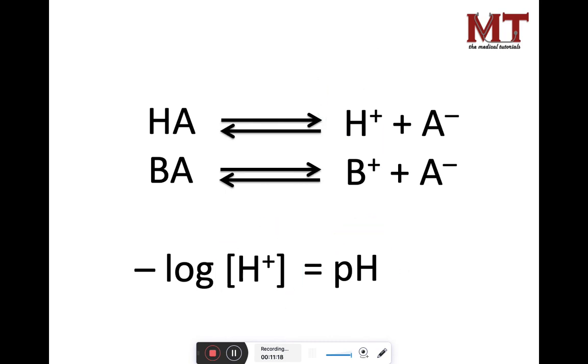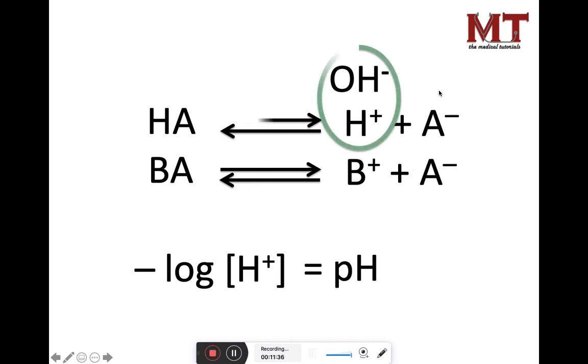Let us discuss another scenario. Suppose we add an alkali from outside. The alkali will take up the H+, and as soon as it takes up the H+, the forward reaction will be favored. To keep the concentration of anions constant here, the salt will dissociate less.